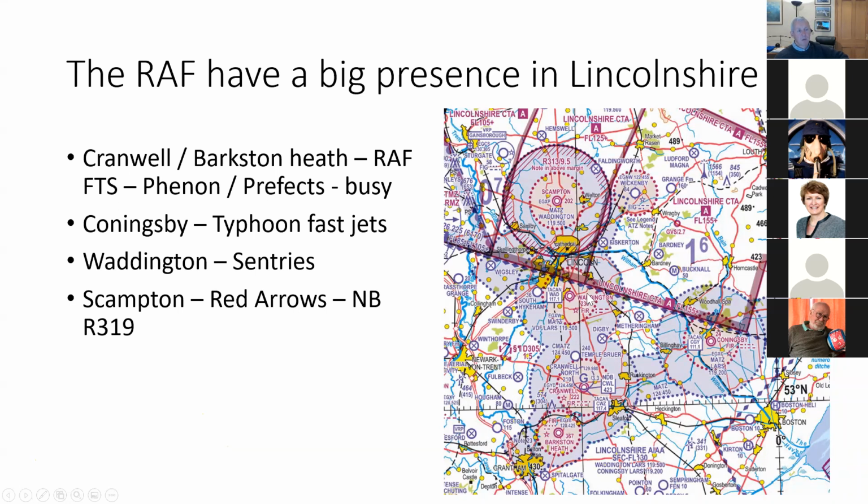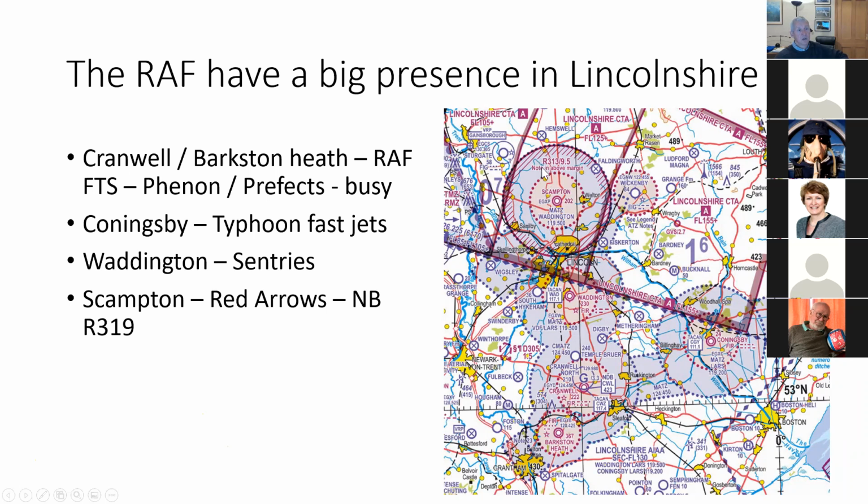Go north a little bit, we've got Waddington, which has Sentinels. That's the airborne early warning aircraft, and various other things that look a bit like that. Go east to Coningsby and you've got Typhoons, so more fast jets. And then up here in Scampton, you've got the Red Arrows.